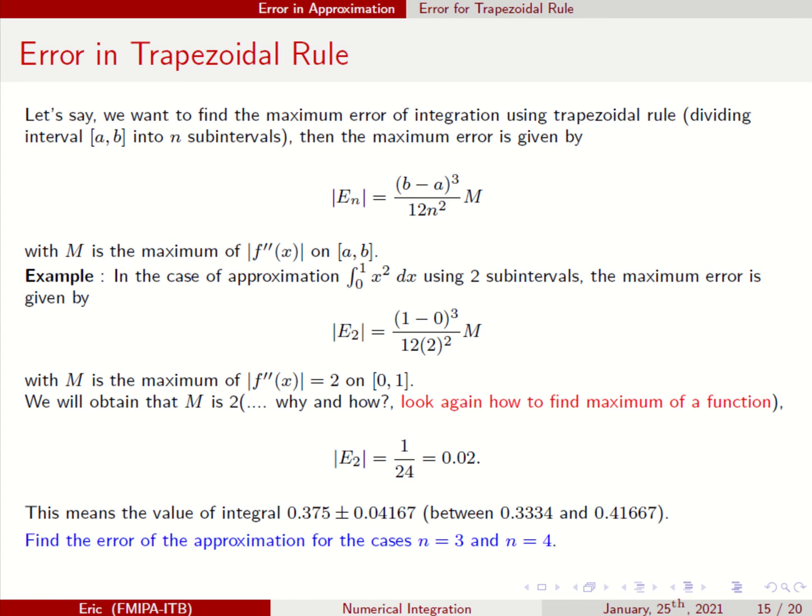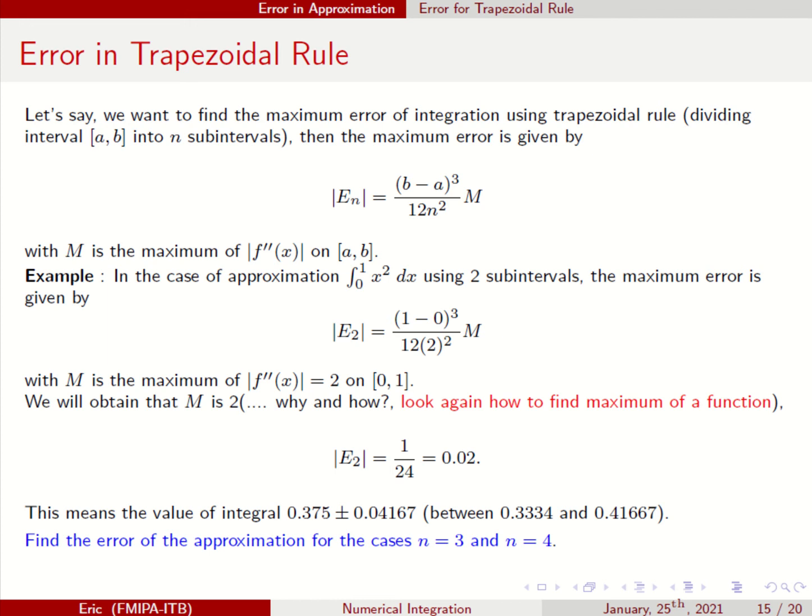So the value of the integral is approximately 0.375, which is the approximation, plus or minus the error. So the value of the integral should be between 0.375 minus this error and 0.375 plus this error. So the approximate value of the integral using two subintervals is between these two values.